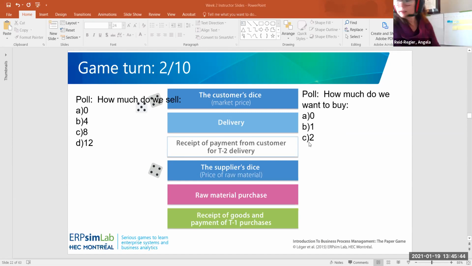So we've done some buying and selling. We can also, in round 2, we took delivery of 2 sheets of raw material. We also need to make our products. So let's cut up these 2 sheets into smaller 6 pieces. So that's 12 smaller pieces of our finished goods.